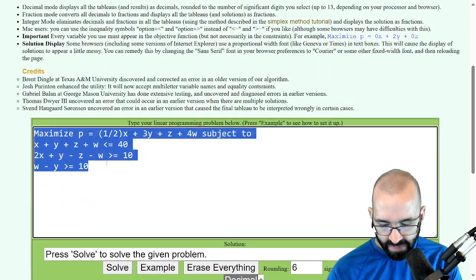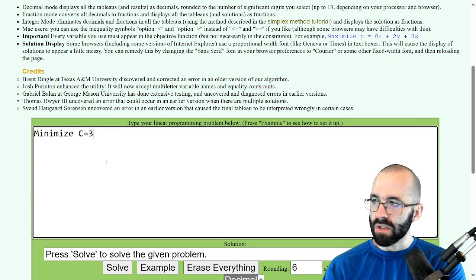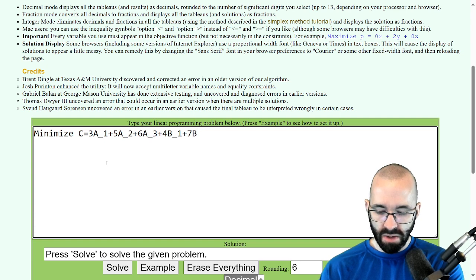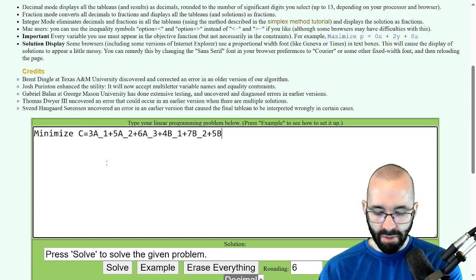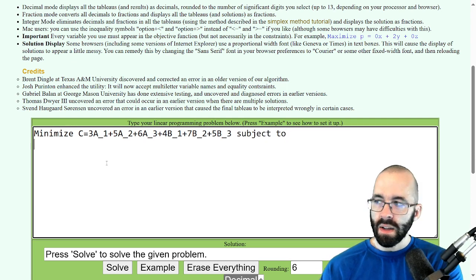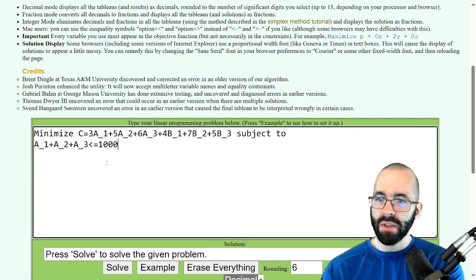All right, so we're trying to minimize cost, which is 3A1, 5A2, 6A3, 4B1, plus 7B2, plus 5B3. We'll use underscores for the subscripts. Subject to the constraints: A1 plus A2 plus A3 less than or equal to 1,000.